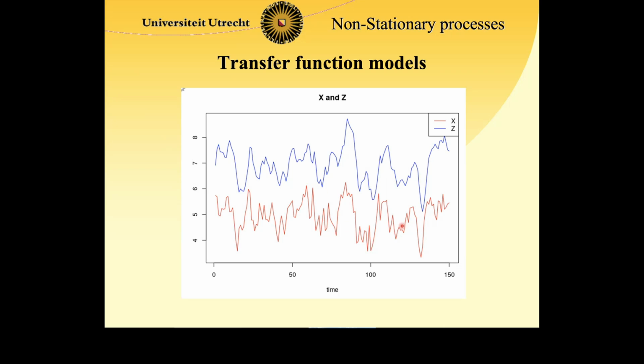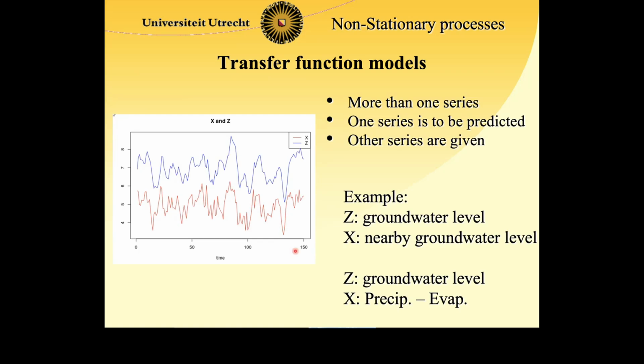A third one is, suppose you have another series that you observed that explains the variation of one series. So this is your target, Z, maybe groundwater level, and X may be precipitation, mean potential evapotranspiration.